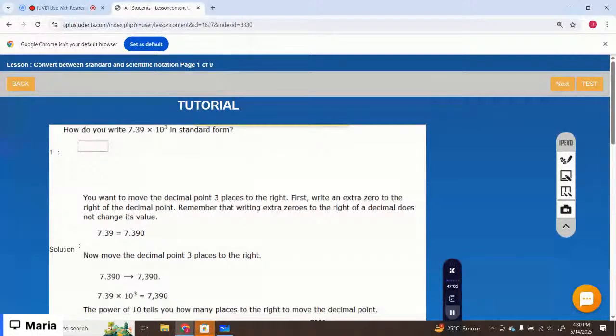You just have to look at the exponent of 10, that is 3. That means we move the decimal point 3 places right: 1, 2, 3, so that would be 7,390. Let's start with the first questions.